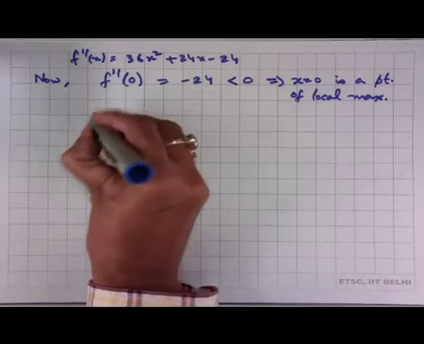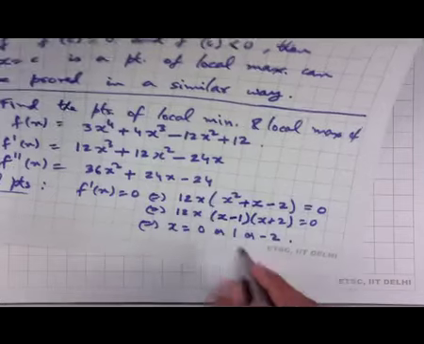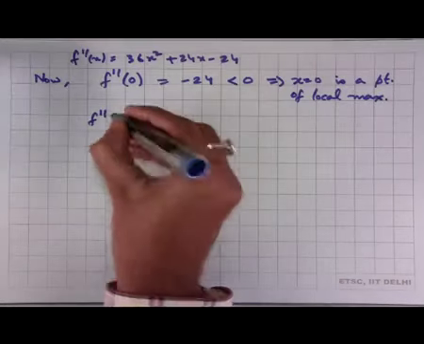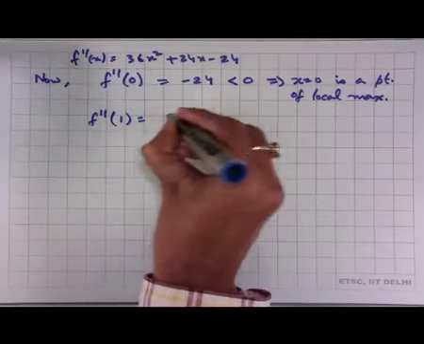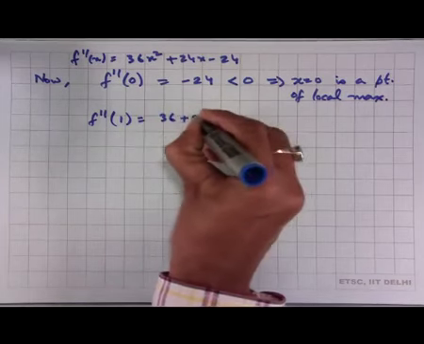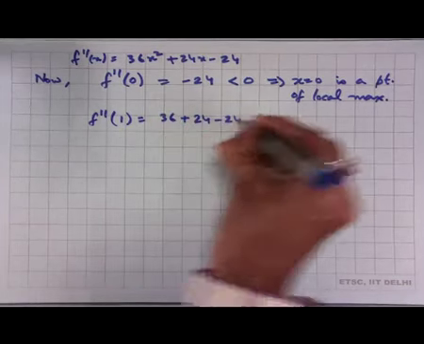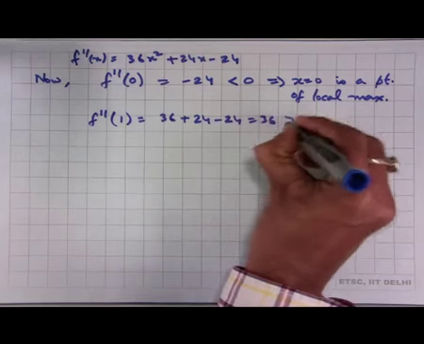and f double prime at the other critical points, 1 and minus 2. So, f double prime at 1 gives 36 plus 24 minus 24, which is equal to 36, which is greater than 0.